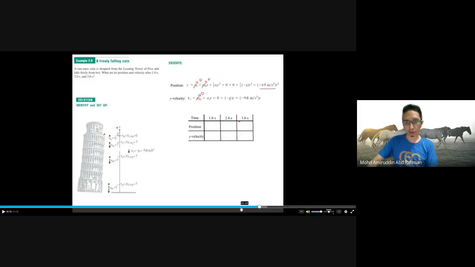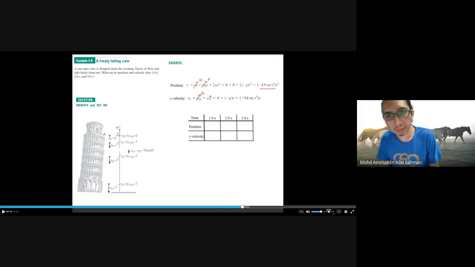Then we have another equation. We use the v_y. So v_y is the velocity at a position y.